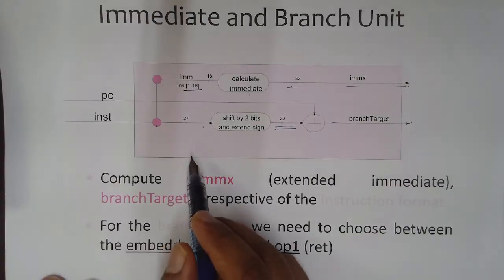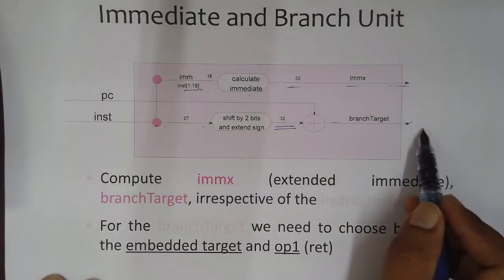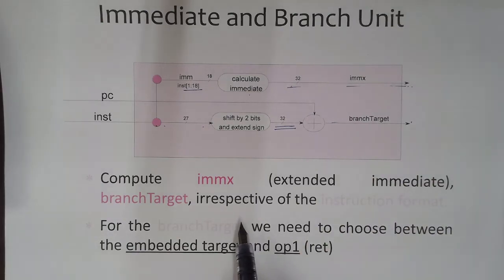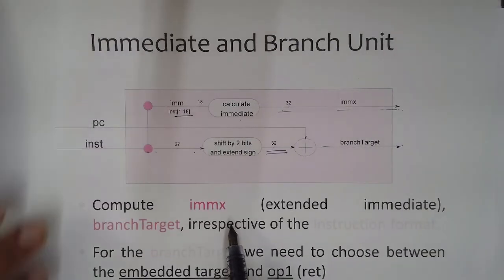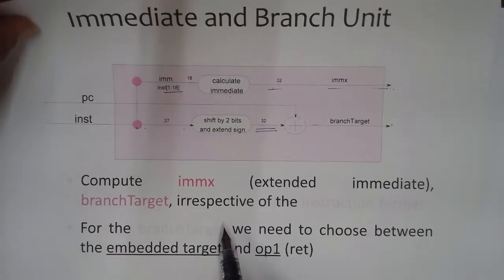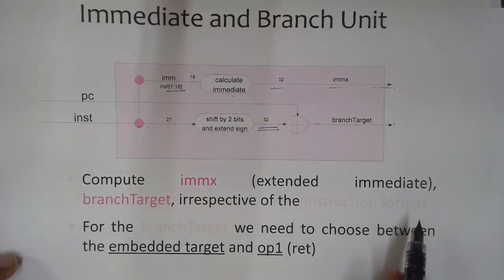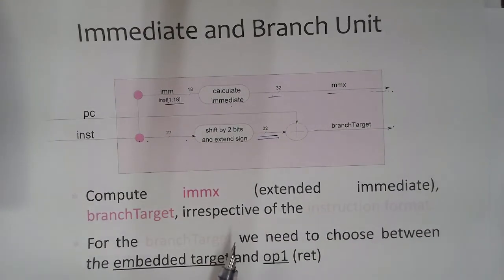As you can understand, many times you will be doing unnecessary branch target calculation or immediate evaluation, but as we have discussed, it is important to get things done well in advance, so that when you need them you do not have to wait for them. So, these two things are also done in parallel.